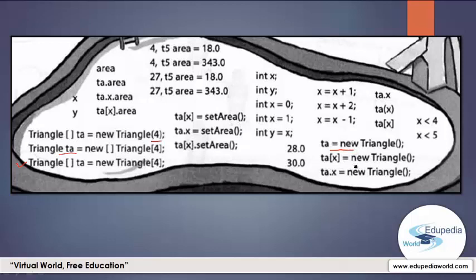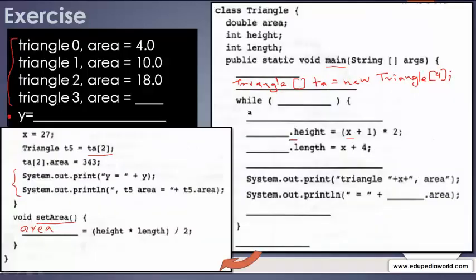It is assigning a new triangle object for each of the TA index positions, and this statement is wrong because we cannot access with a dot operator like this. So this statement is the perfect one we can use for that purpose. So in here TA inside the square brackets the variable x, and this variable x represents the index, equal new triangle object.